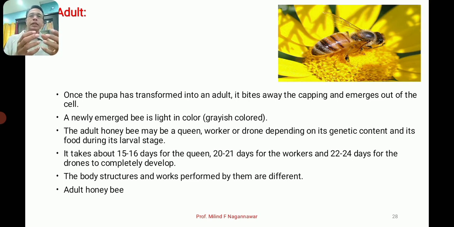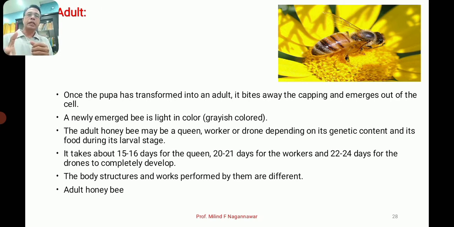So the adult emerges out of the cell by biting the layer of wax which covers the cell. Is it clear? That is the emergence of the adult from the cocoon. Now the newly emerged bee is light or grayish in color.